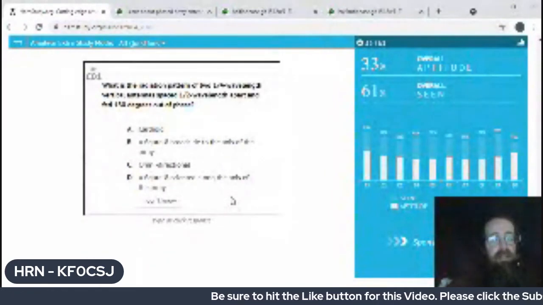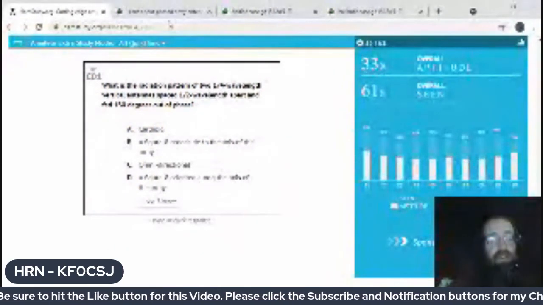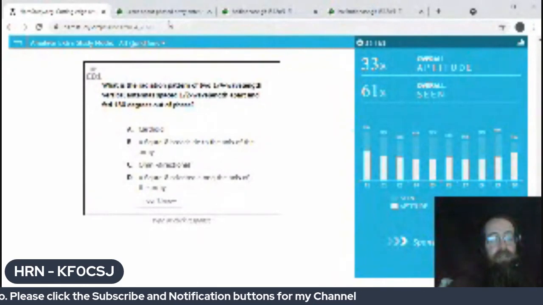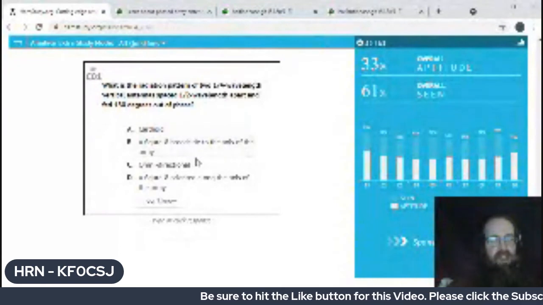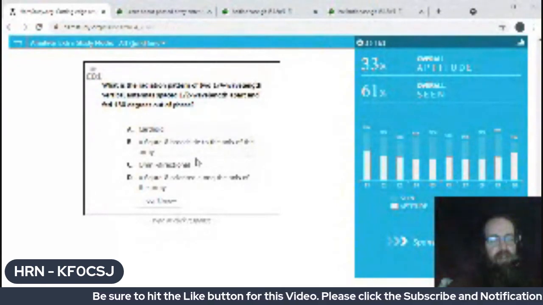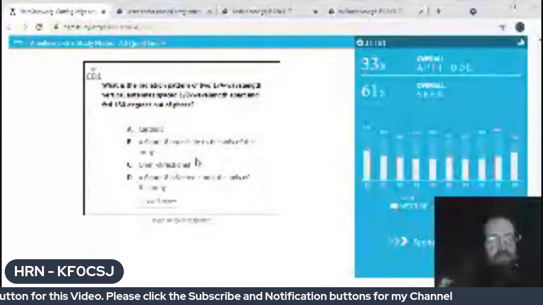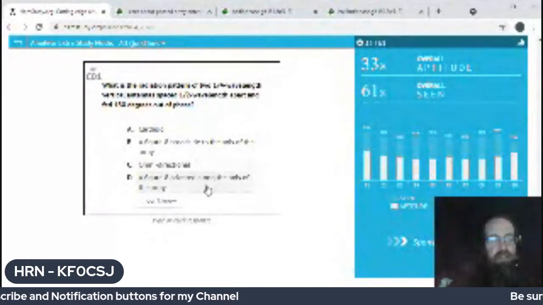What is the radiation pattern of two quarter wavelength vertical antennas spaced half wavelength apart and fed 180 degrees out of phase? A: Cardioid. B: A figure eight broadside to the axis of the array. C: Omnidirectional. D: Figure eight oriented along the axis of the array.